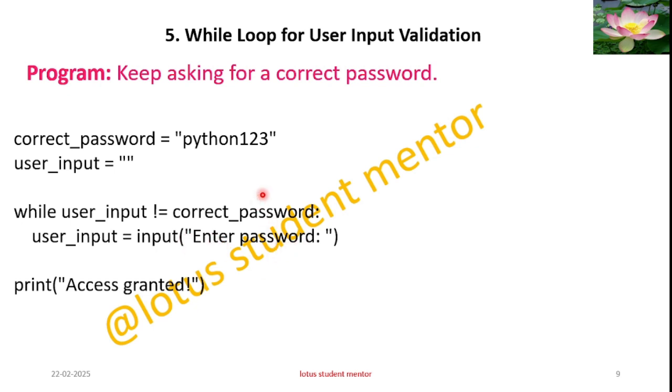Alright, if the user input matches the correct password, then printing takes place, output becomes "Access granted". Now suppose, enter password, if you type 123, it asks enter password again. Suppose you type user input Python123, then yes, access granted. Access granting takes place. That's how while loop can be used for user input validation.